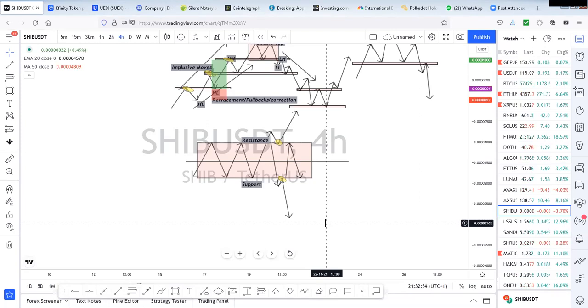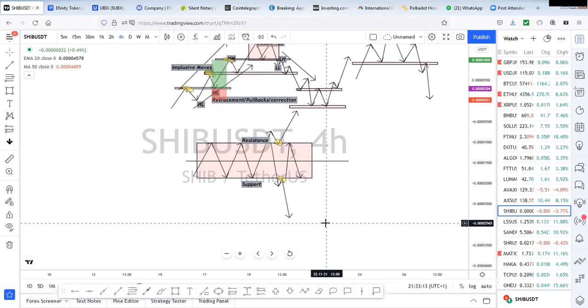So have you gotten that about ranging markets? Yes, sir. Okay, then let's go to ways to trade ranging markets, if you want to trade it.